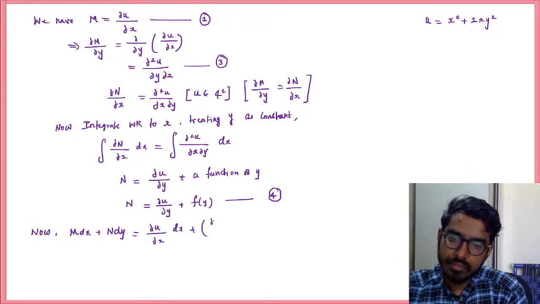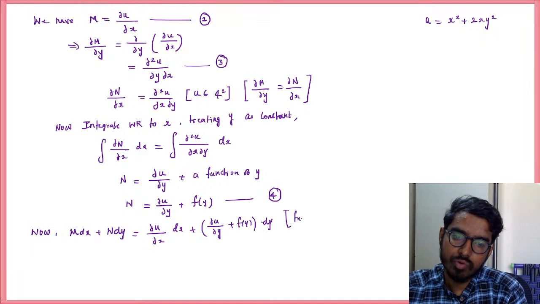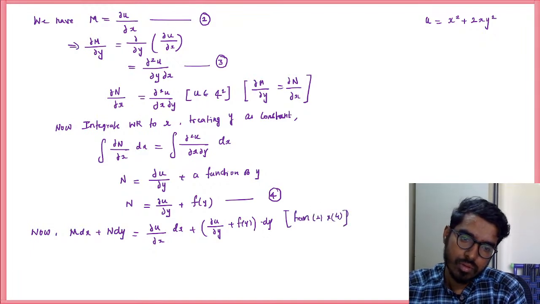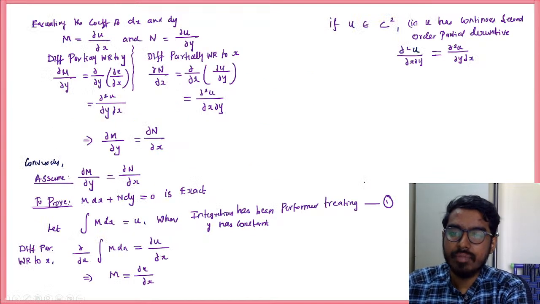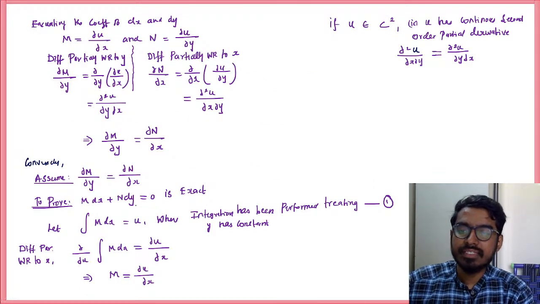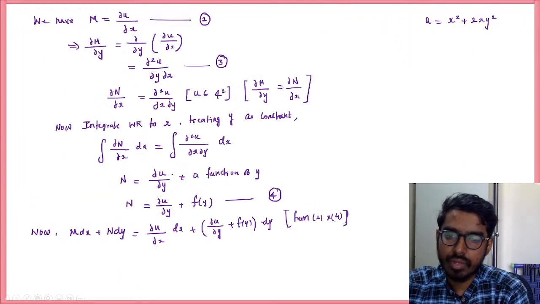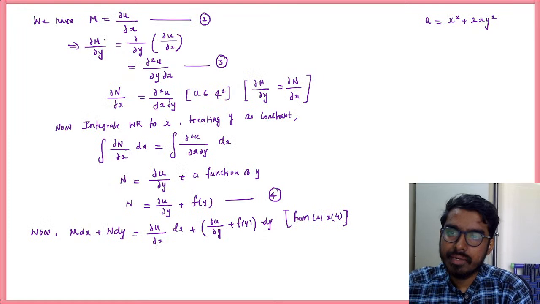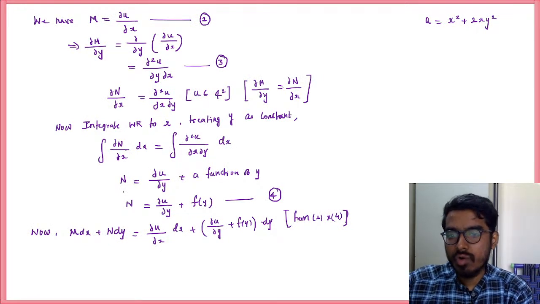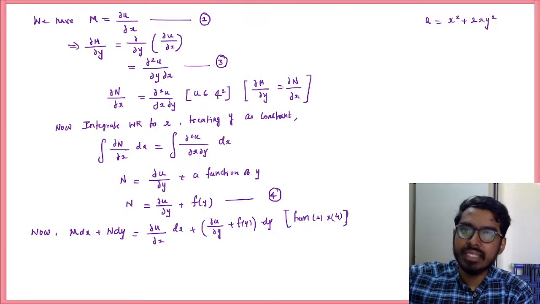And what is N? ∂u/∂y plus f(y), times dy, from 2 and 4. What is our aim? Our aim is to prove that M dx plus N dy equal to 0 is exact. So we have found M is ∂u/∂x, and N is ∂u/∂y plus f(y).